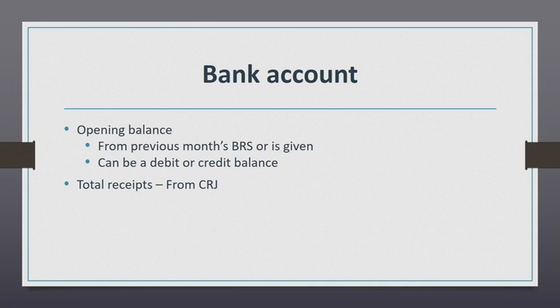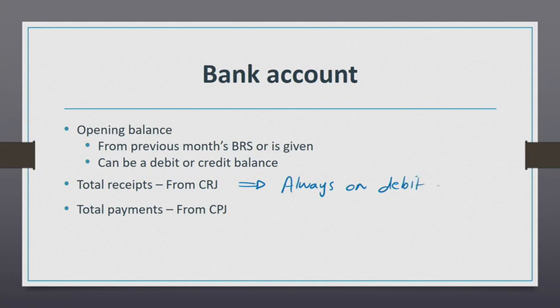The next step, you post from the CRJ total receipts to the bank account, and from the CPJ the total payments. Now the total receipts will always be on the debit side of the bank account. It can never be on the credit side.